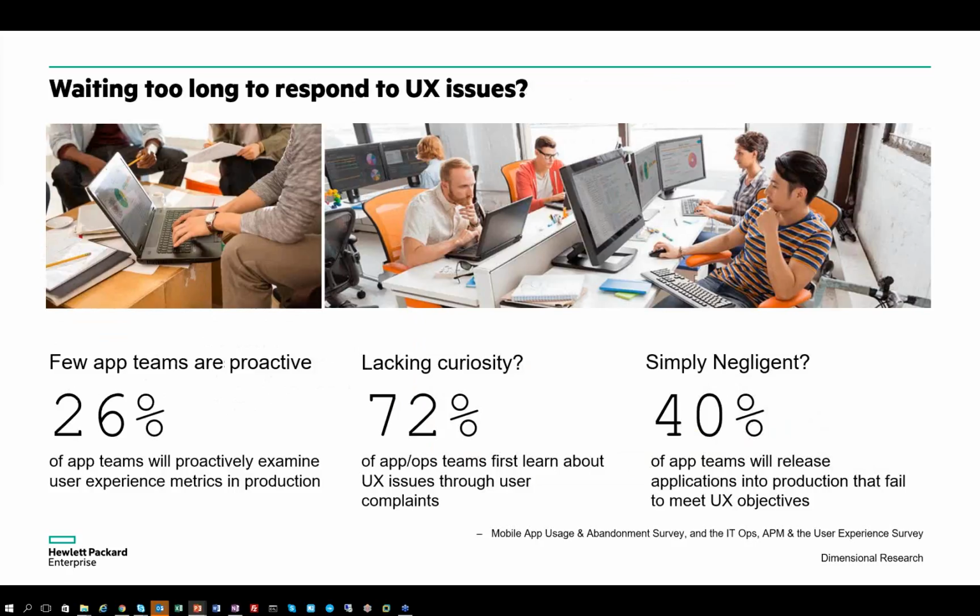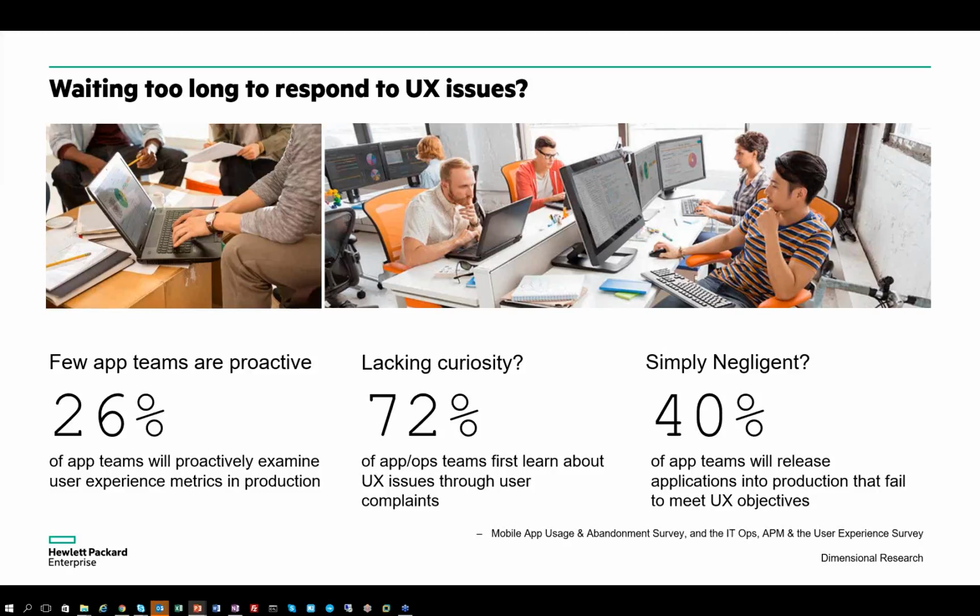Here are a couple more numbers. So few application teams are proactive. Quite a few teams will not have what they need to actually examine the user experience metrics. Only 26% are actually able to do that. Almost 3/4 of the application operations team will find out about the user experience problem when the users actually call in.